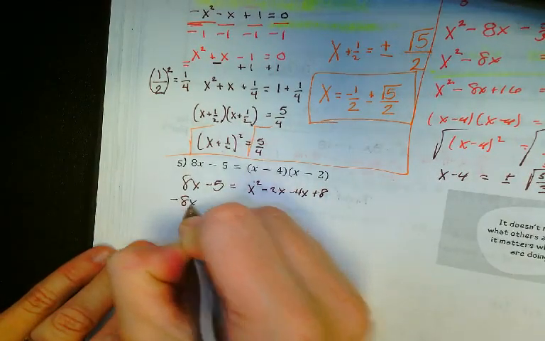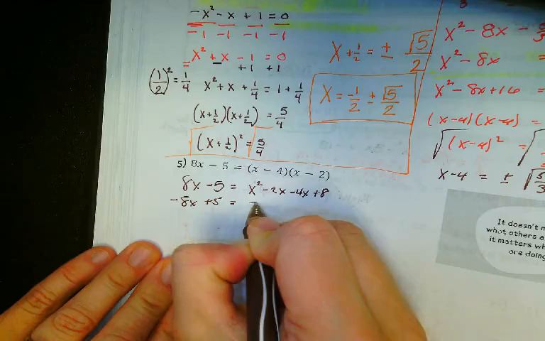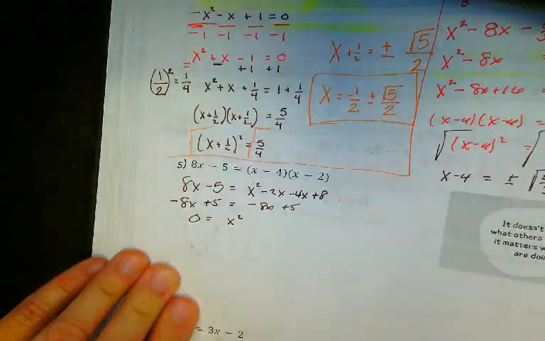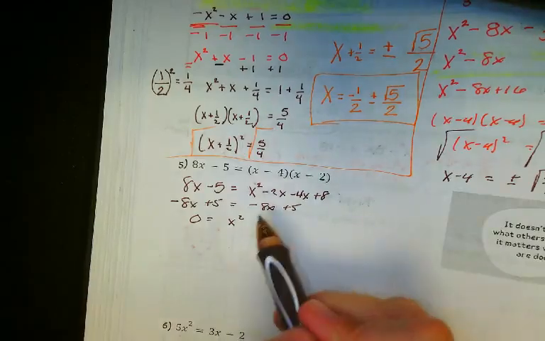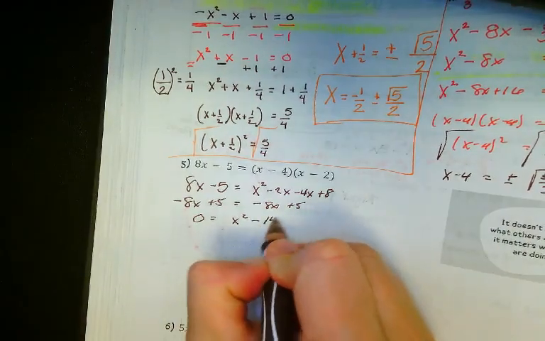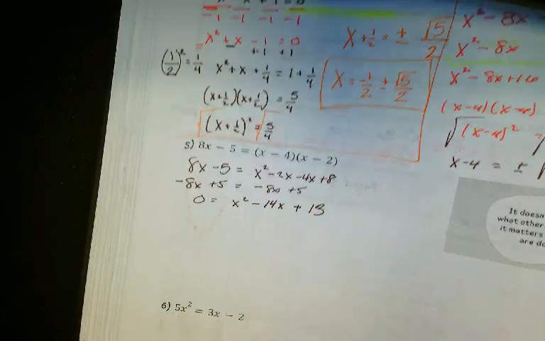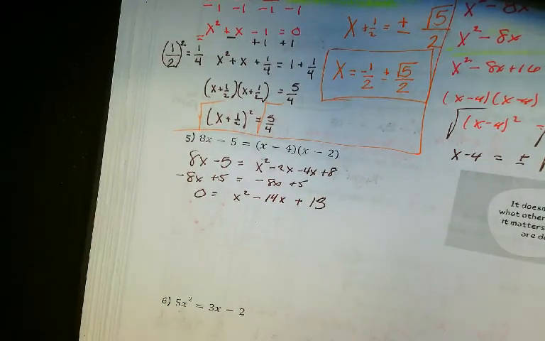And again, we got to set it equal to 0. Check my math. I'm getting x squared minus 14x plus 13.